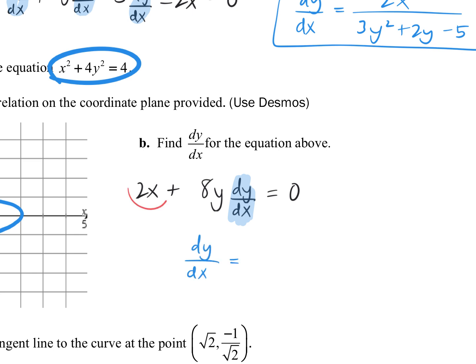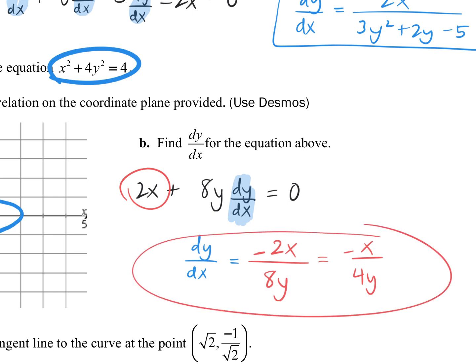I'm going to first move over that 2x. And then how do I get rid of that 8y? Divide. This we could simplify to give us just negative x over 4y. And that is your answer for the derivative of that equation above.